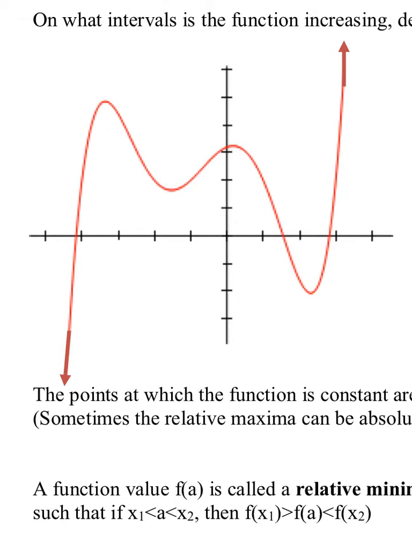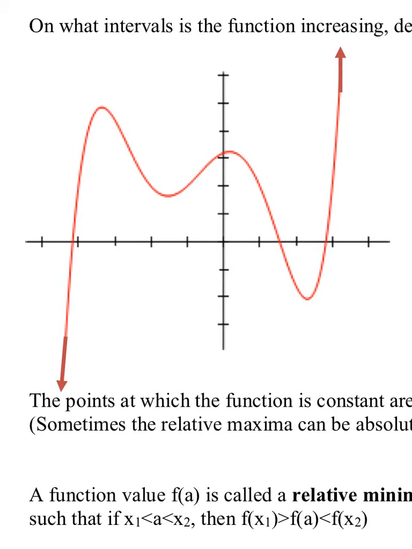Now if I want to look between the two endpoints, between -infinity and +infinity, so I'm looking at the entire graph, I want to look at the relative maximum and minimum points between these two values.